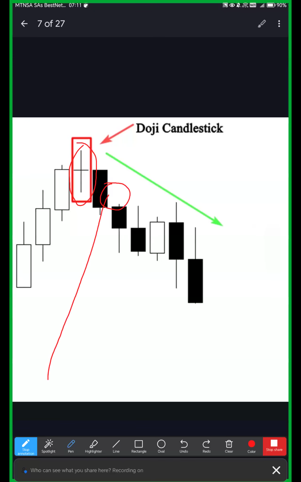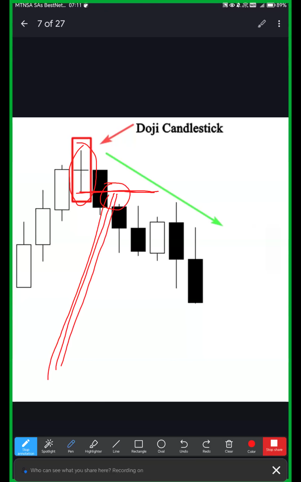We are going to learn about market trends and types of market trends, because I'm just using the words uptrend and downtrend. But when we start looking at market structure, we're going to find out the types of market trends. So when the market has trended to the top, which is an uptrend, right at the top, it's where you can locate dojis.